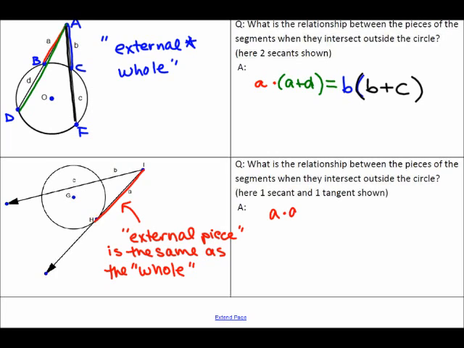In this case, the whole thing is just A. So it's going to be A times itself is equal to, for the secant, you do just like what we did in the second one: the external piece, which is B, times the whole thing, which would be B plus C. And if you wanted to simplify this, we could call that A squared, because that'll always be the case, equals B times B plus C.